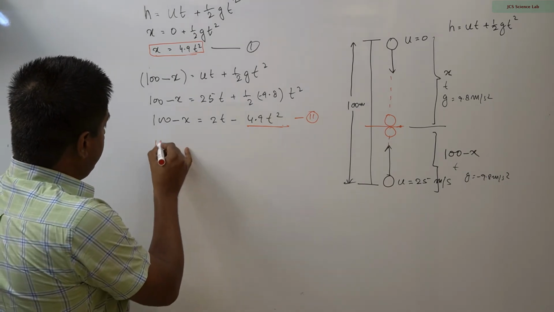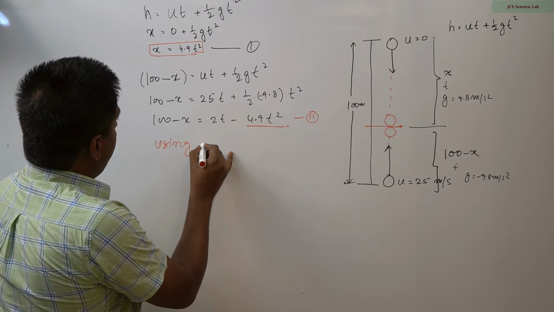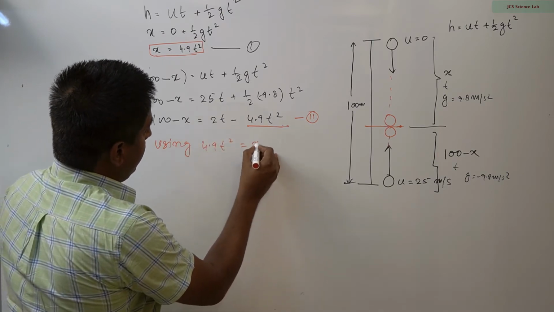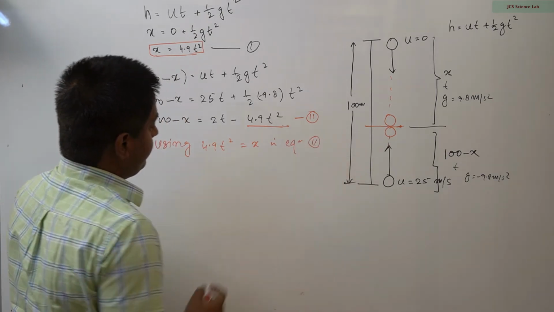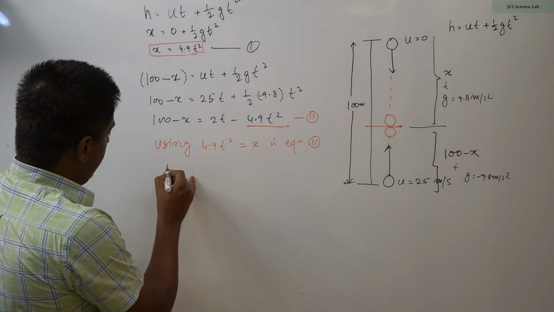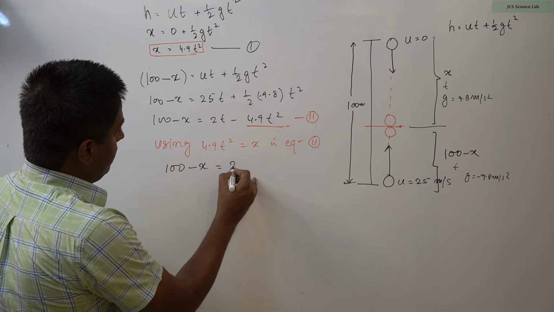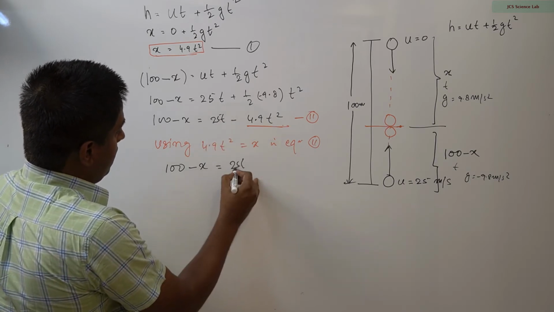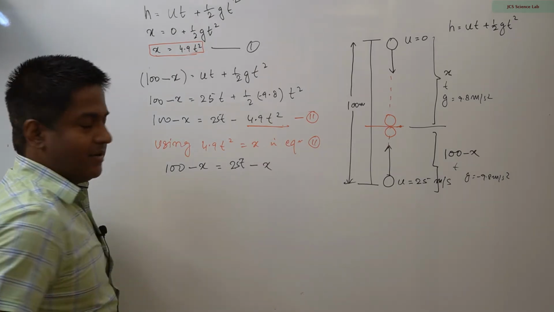Using 4.9 t square is equal to x in equation 2, we can write 100 minus x is equal to 25t minus x.